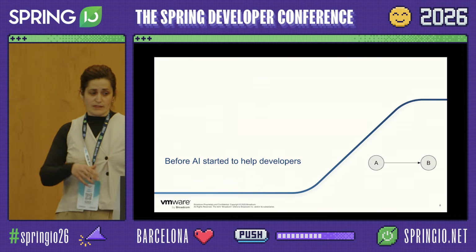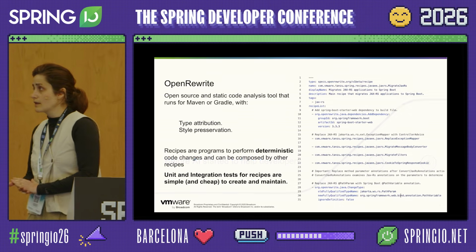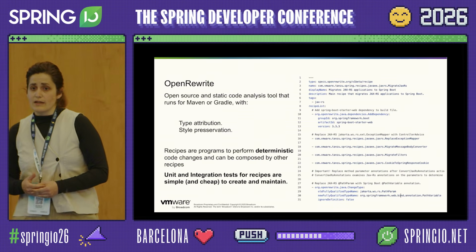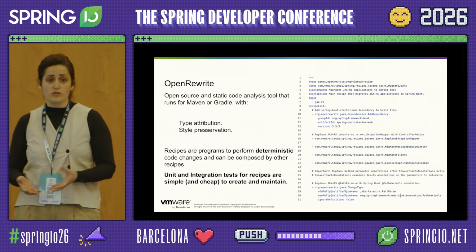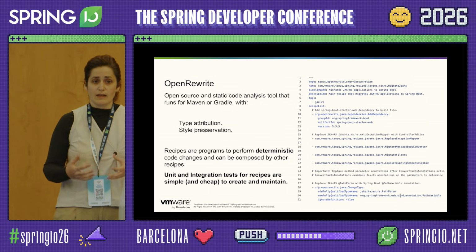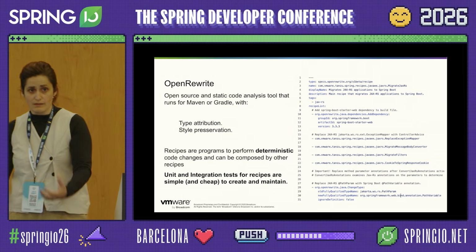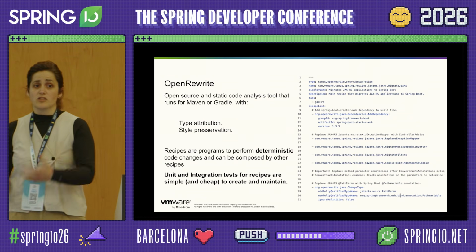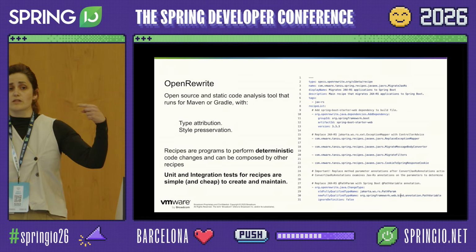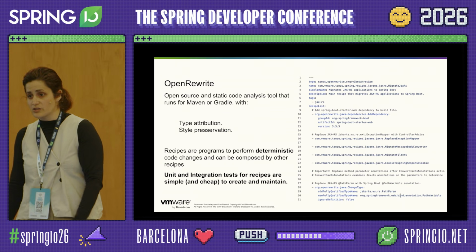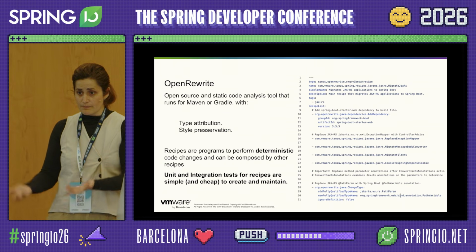So let's start with the first category, the deterministic solutions. OpenRewrite, if you haven't heard about it, is an open source project that allows you to program and develop your deterministic code transformations. And it's super powerful because it has type attribution, which means that it's able to resolve the types of all the expressions that appear in your source code because it has access to the compiler metadata.